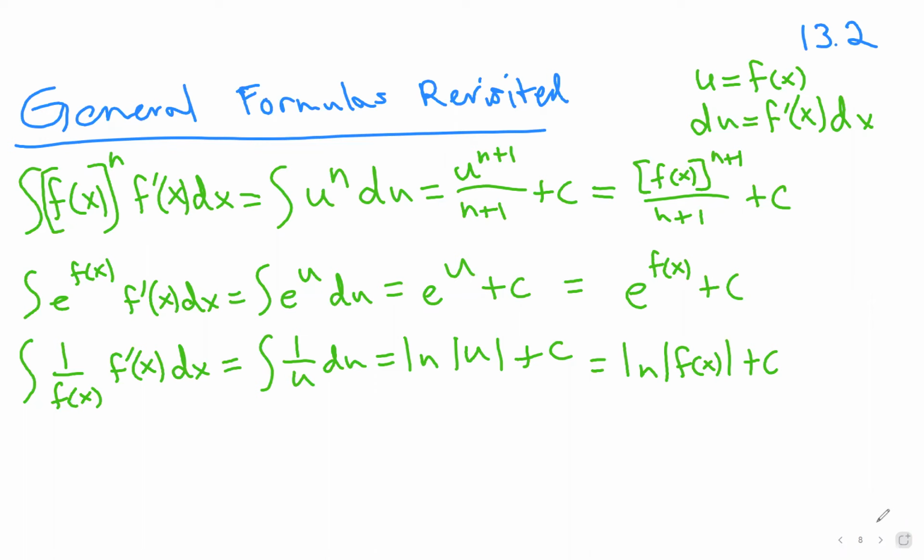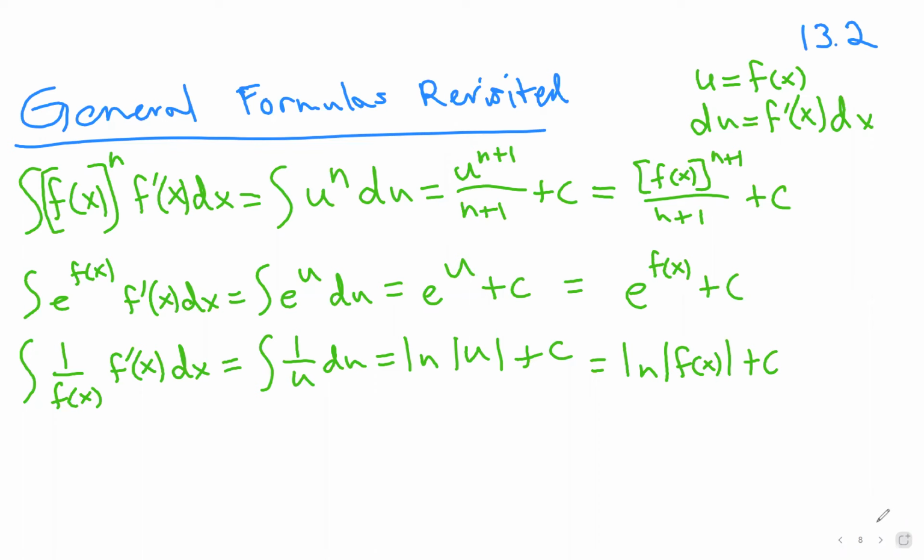If you have u equals f of x and your du equals f prime of x dx, then you can do u substitution, or integration by substitution as they call it, for each of the cases that we looked at initially.